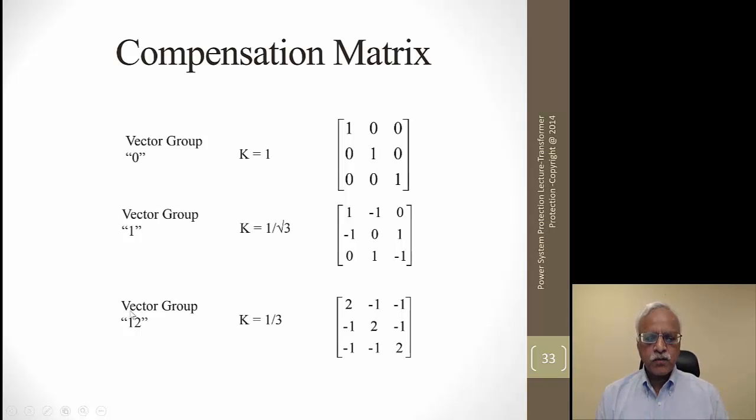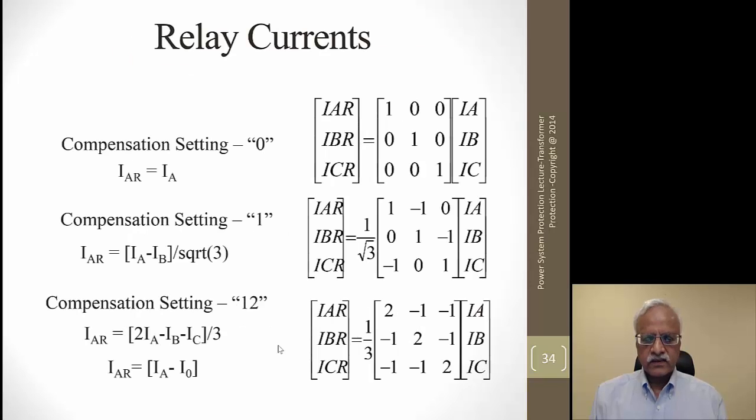Now this is a special one, which is 12, where it is taking 2IA minus IB minus IC as the A phase relay current. We'll show in the next slide how this comes down to be the same as A phase current without the zero sequence, that is IA minus I0. Okay.